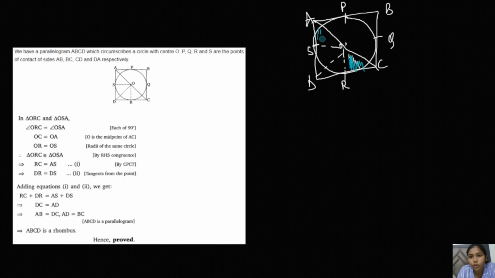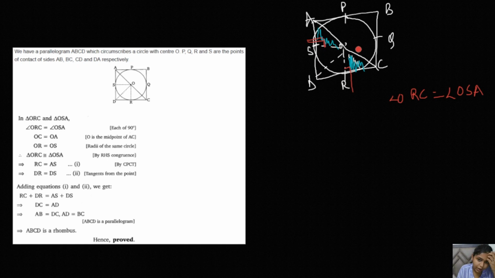In these cases you can see that angle ORC is equal to angle OSA. Why is it so? It is because this is a radius and these are the tangents. So from theorem 10.1, these will be perpendicular.